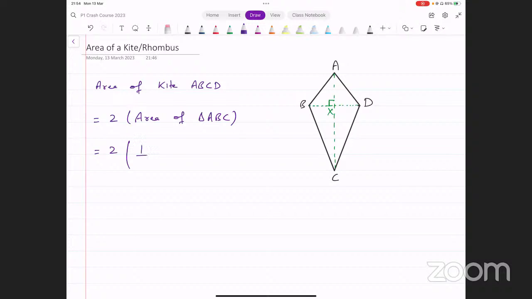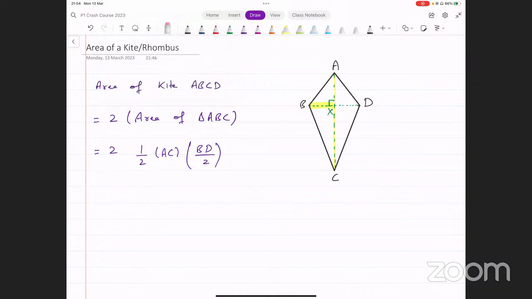That would be half into AC, which is the base of this triangle, multiplied by BX, which is the height of the triangle. Now, how do you find BX? BX is actually half of BD.